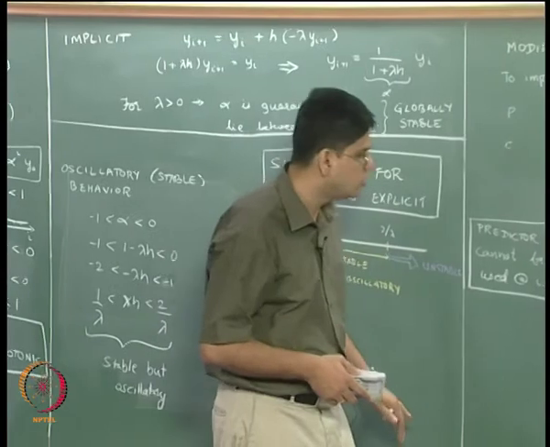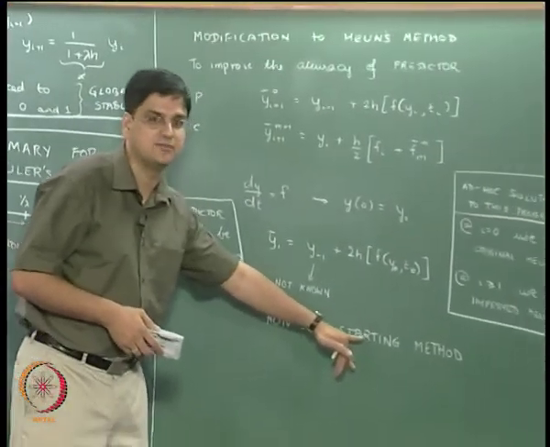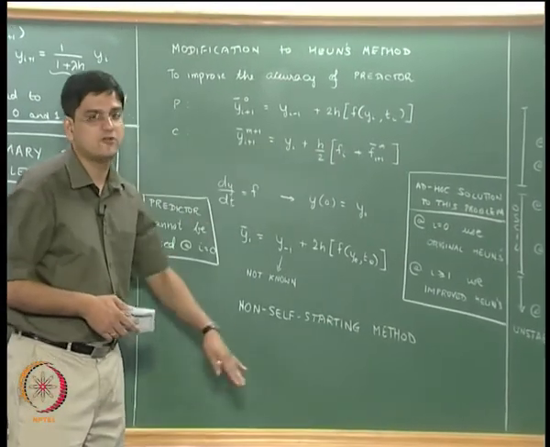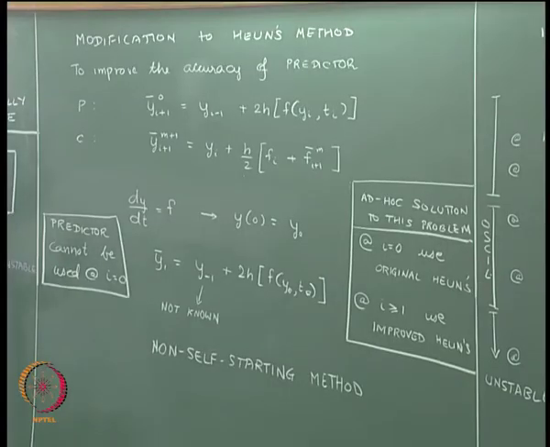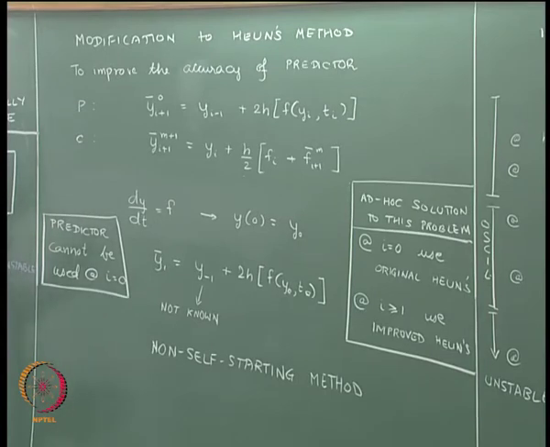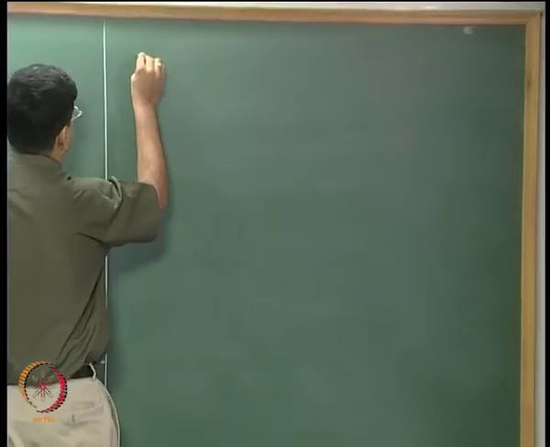We have also looked at non self starting methods. So, this is what we have done so far. All of this discussion involved single variable problems. We had dy/dt equal to function f, and that particular function was a single valued function. Now, what we are going to do is to look at the extension to the multivariable case.